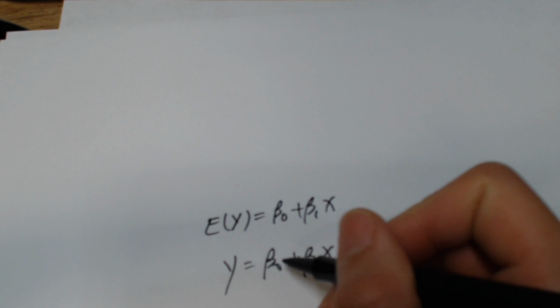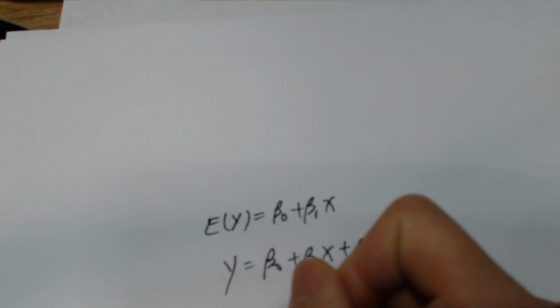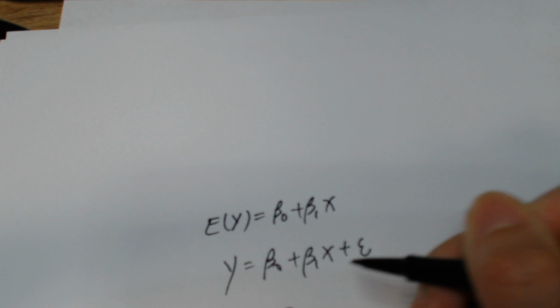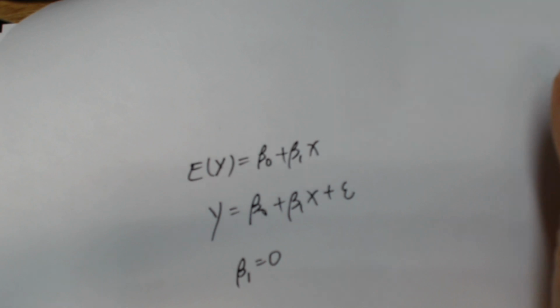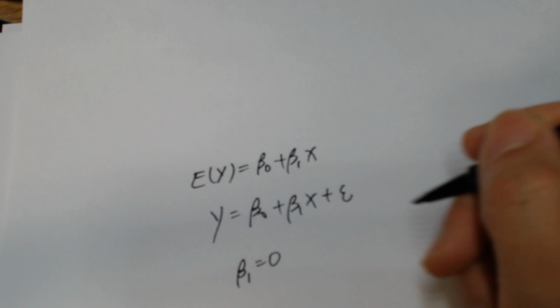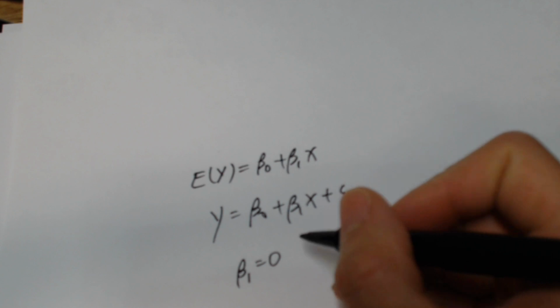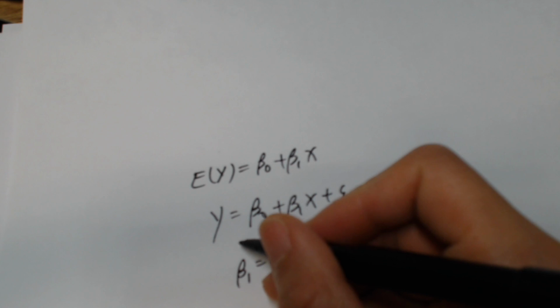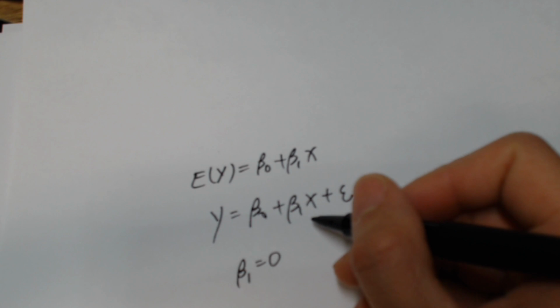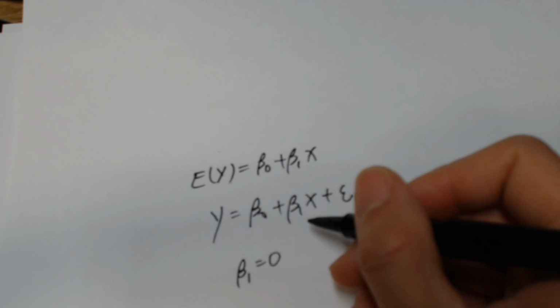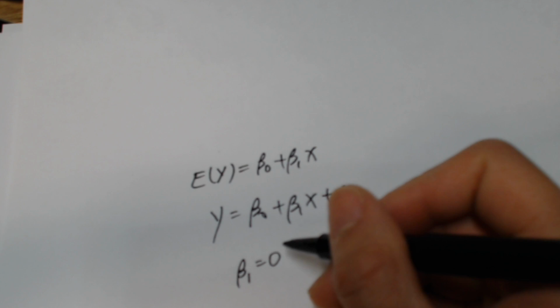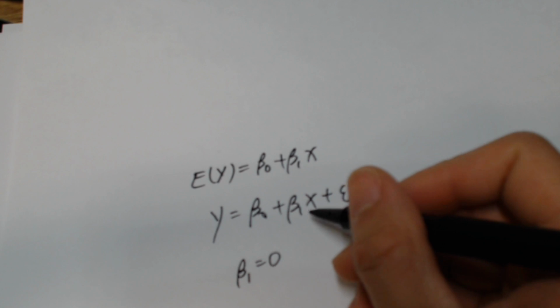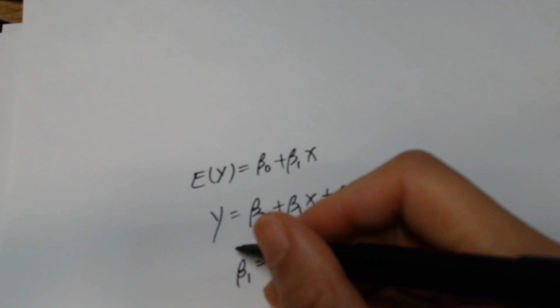Now think about, if beta 1 equals 0. My question is, if x changes, will that affect y? The answer is no. If beta 1 equals 0, x won't affect y, right?